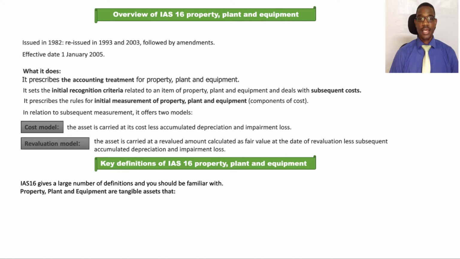It means they have no physical existence. For example, computer software. We cannot touch computer software because it has no physical existence. This asset is addressed in another standard, and we should cover that in the next course.